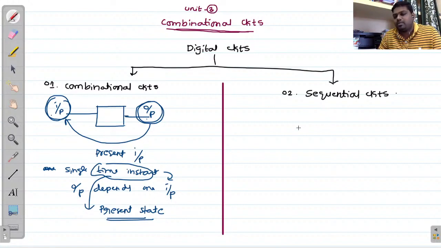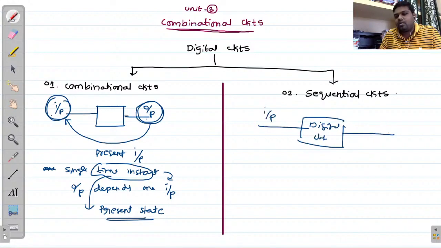What about sequential circuits? This depends on present as well as previous state, right? Here also I am taking a digital circuit. I am providing input here and taking output at this point. This output depends on present state and previous state also.